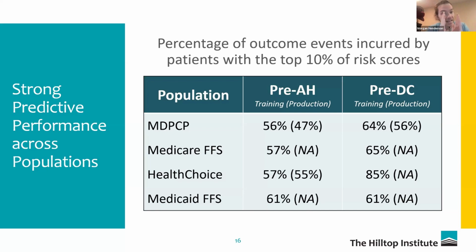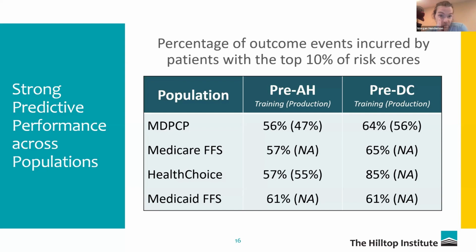Then we look at the top 10% riskiest people that our risk scores are saying are the riskiest, and ask how many actually have one of these events? What we see is that the people that the risk scores say are risky are the ones that really are having these events within the next month.